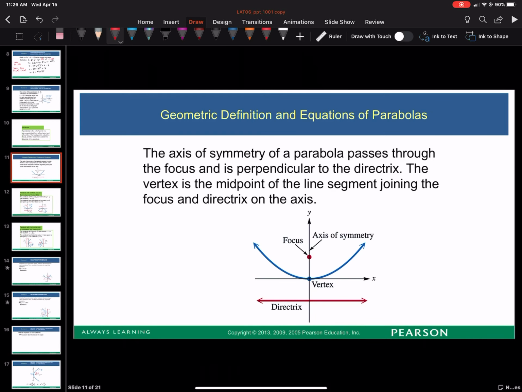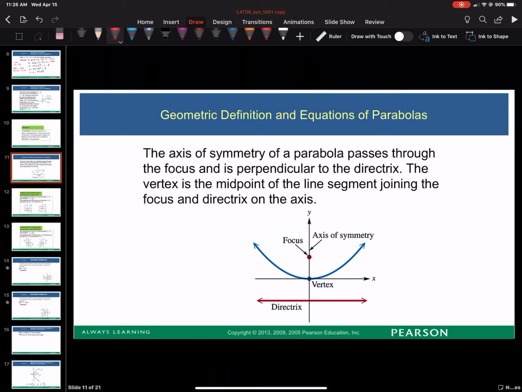It says the axis of symmetry of a parabola passes through the focus and is perpendicular to the directrix. It says the vertex is the midpoint of the line segment joining the focus and the directrix on the axis.